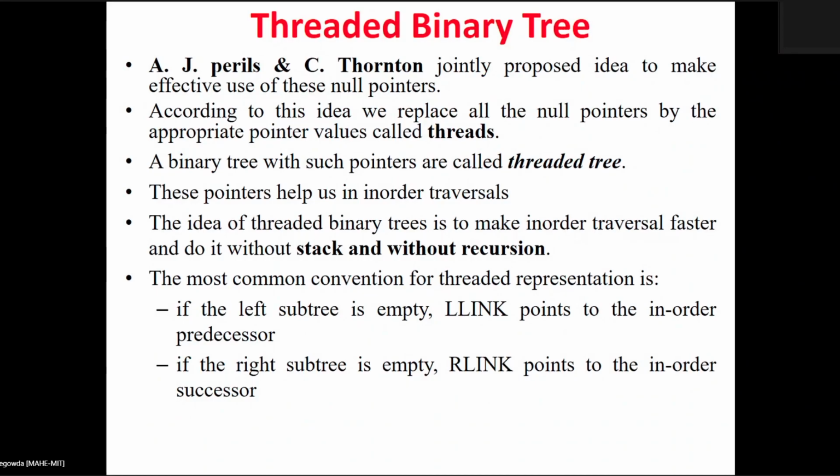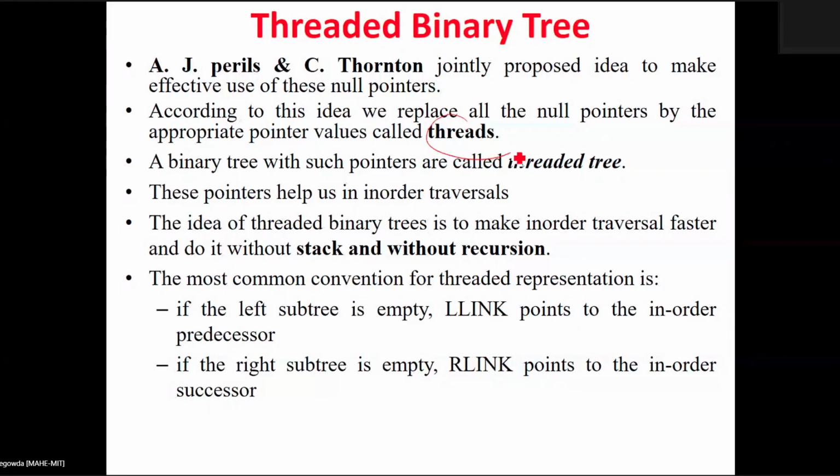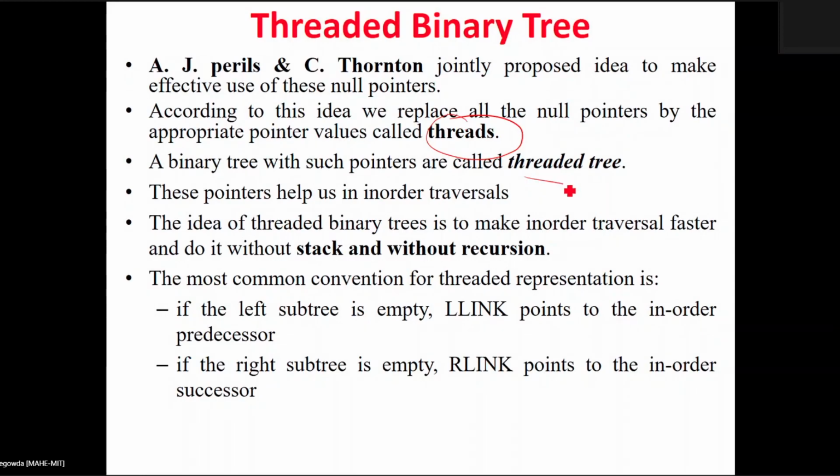Their idea is to effectively make use of these null pointers. According to this idea, we replace all the null pointers by appropriate pointer values. These pointer values are called threads. A binary tree with such pointers is called a threaded binary tree.